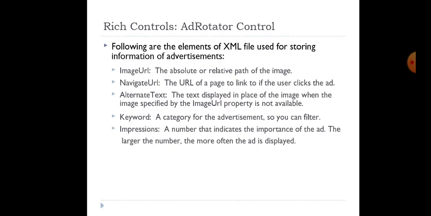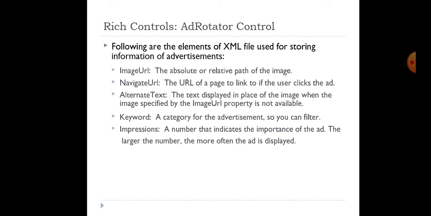Here are some of the elements used in the XML file for the advertisements. First element is ImageUrl. ImageUrl means the relative path of the image. NavigateUrl means, when we click the advertisement, which page will be opened.